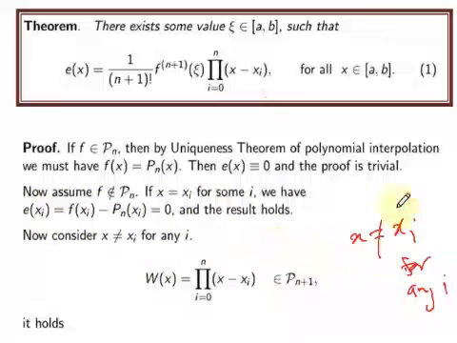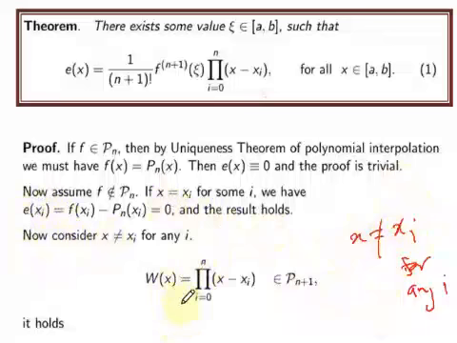So if x is equal to one of the nodes, there is no error. Now let's consider the case where x is not equal to any node.